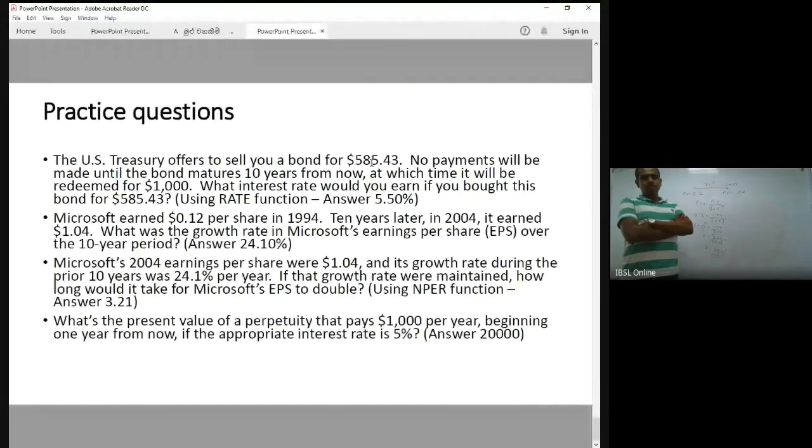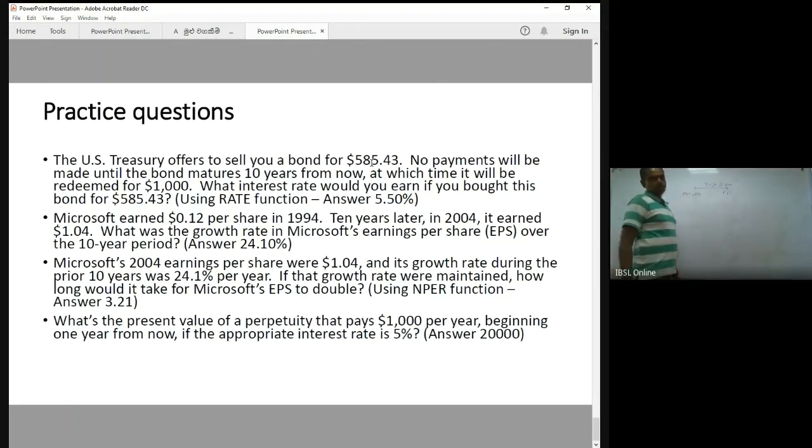If the growth rate were maintained, how long would it take for the EPS to double? 2004 earnings 1.04, growth rate 24.1% will be maintained.